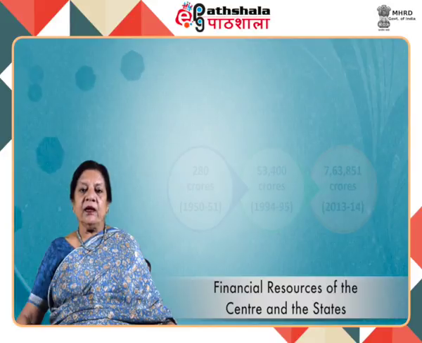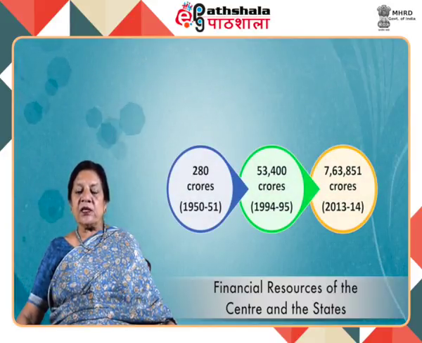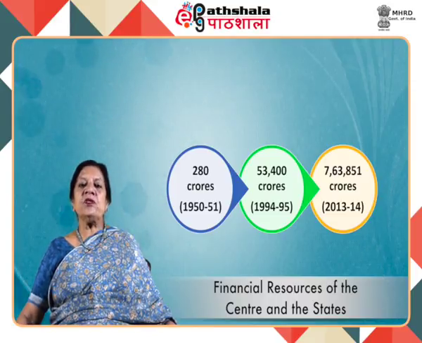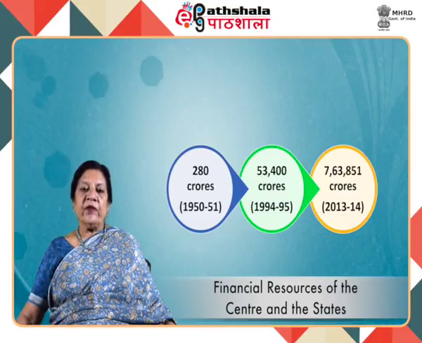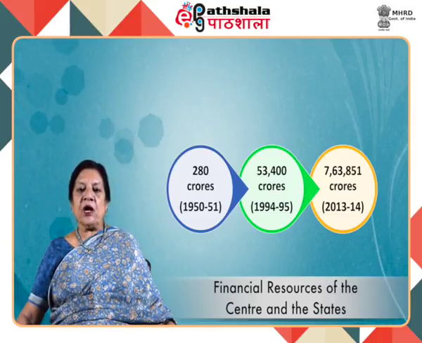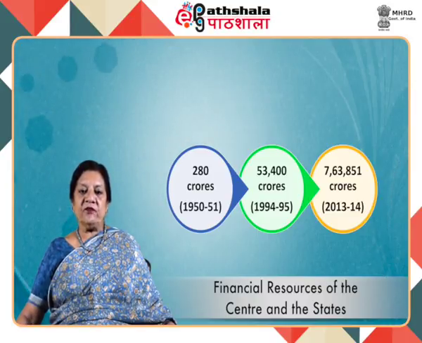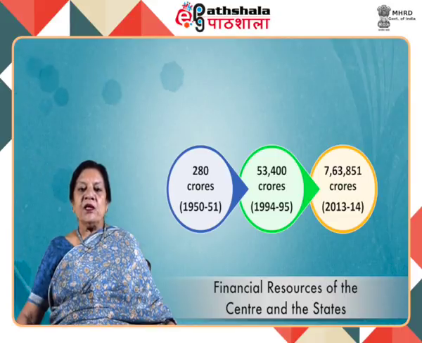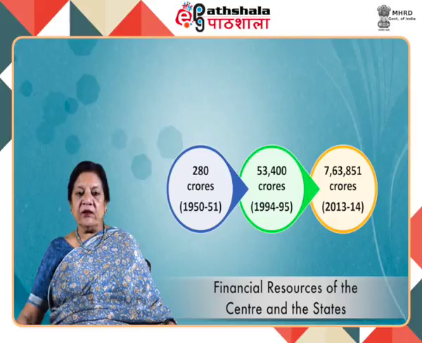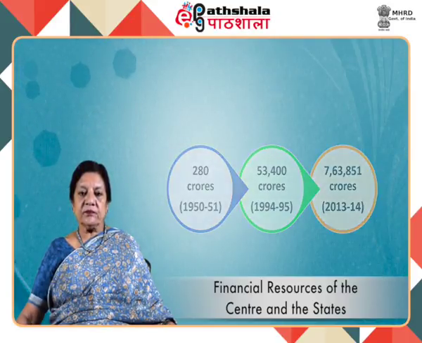On the other hand, current revenues of the states, excluding transfers from the center, have risen from rupees 200 crores in 1950-51 to rupees 53,400 crores in 1994-95 and rupees 7,63,851 crores in 2013-14 budget.